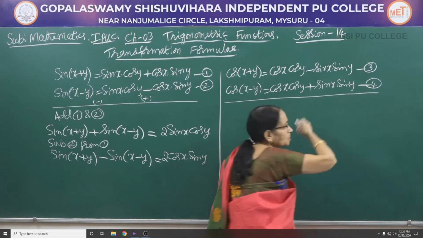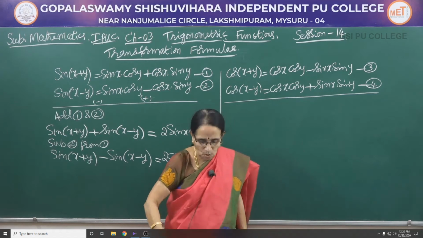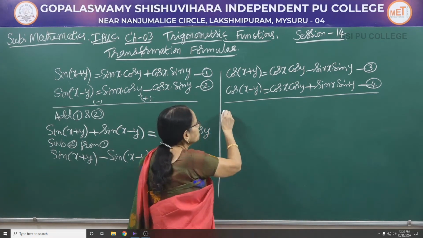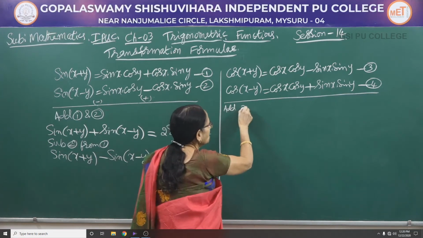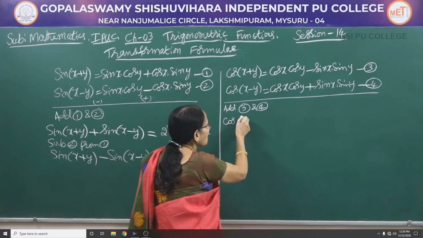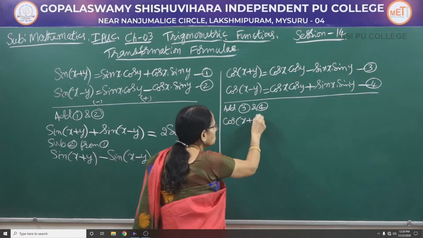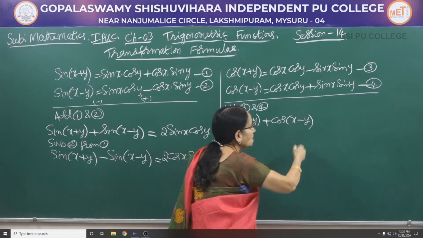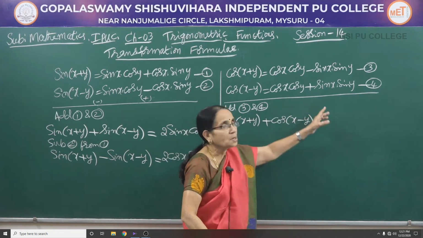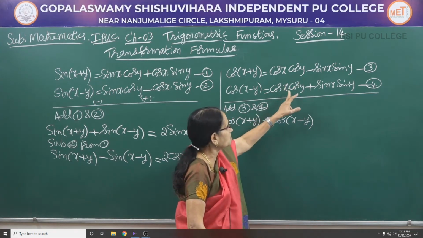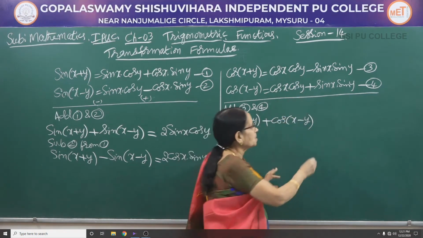So, as we did in the previous case, here also I am going to add and then subtract. Now, let me add 3 and 4. Left hand side what you get here? Cos of x plus y plus cos of x minus y. While adding, the signs remain the same. One time cos x cos y, another time cos x cos y.